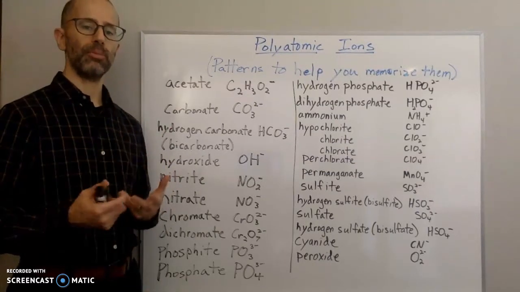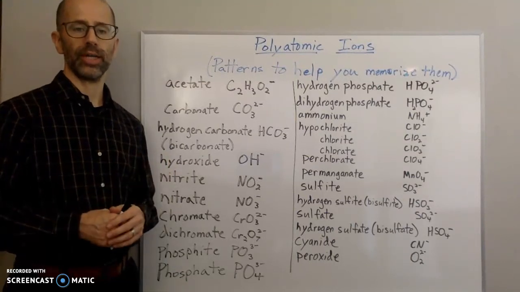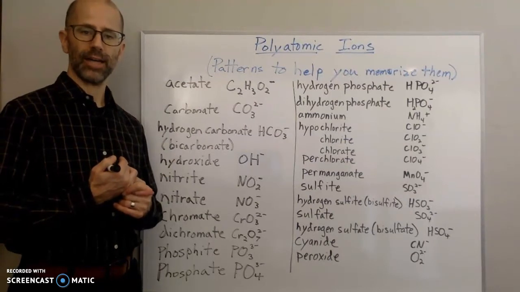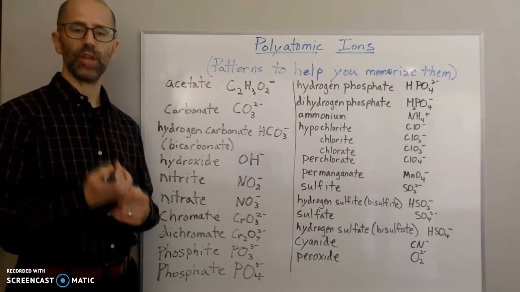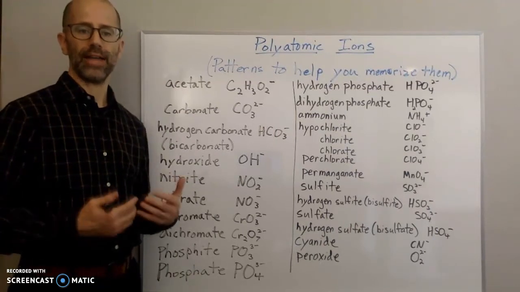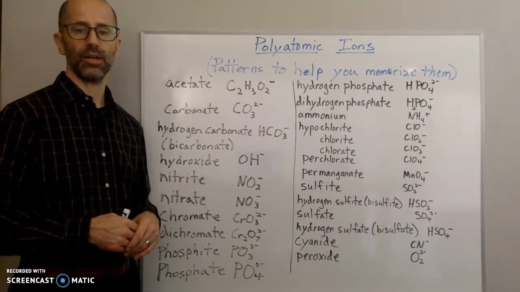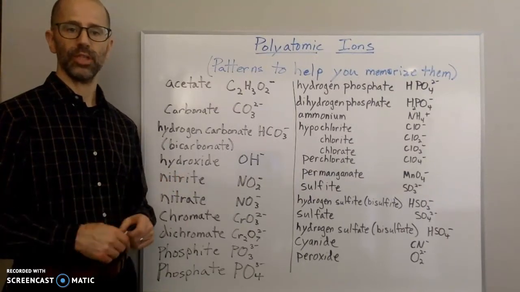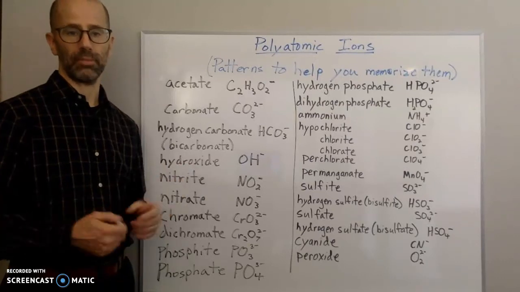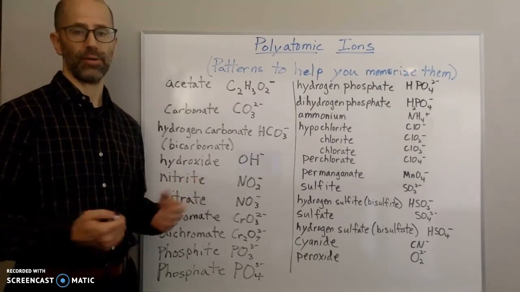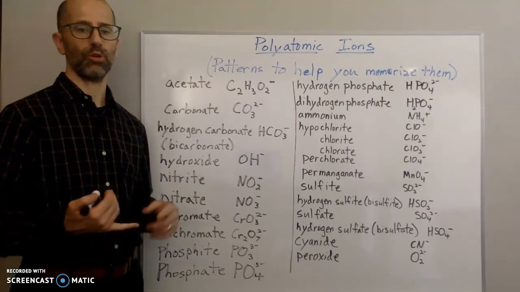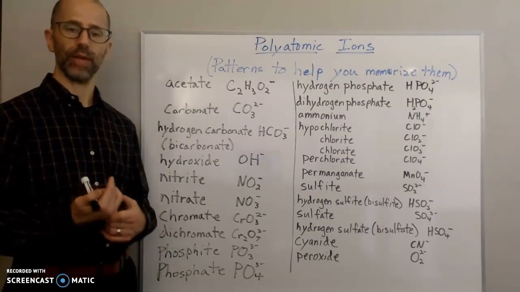If you can remember the patterns, then that will go a long way to help you remember what the polyatomic ion is, what the formula is, and what the charge is, because that's going to be very important when you are asked to write down the formula of a compound that involves the polyatomic ions, or the name of a compound that has the polyatomic ions, because if you don't know the formula or the charge, it's going to be really difficult to do that.